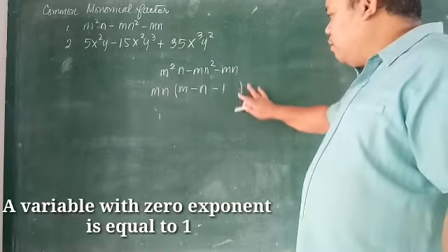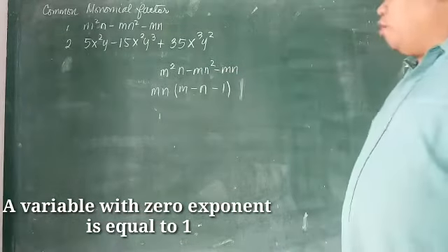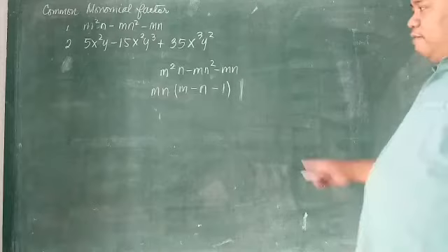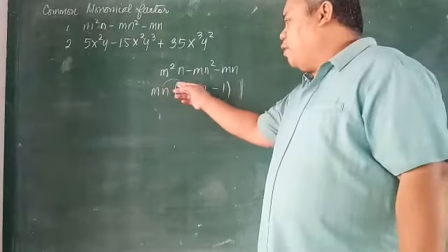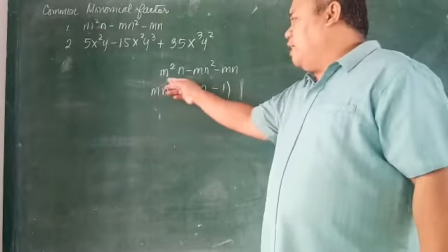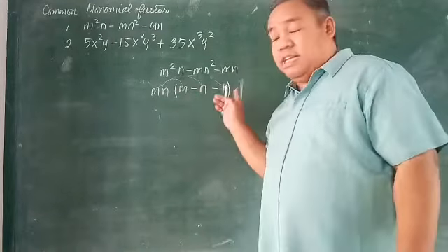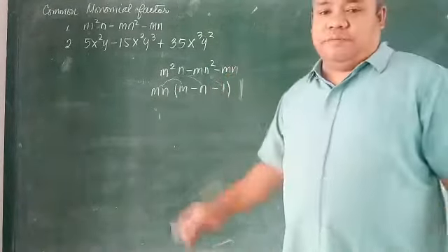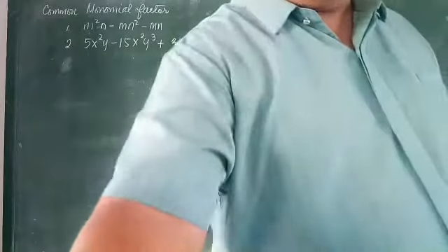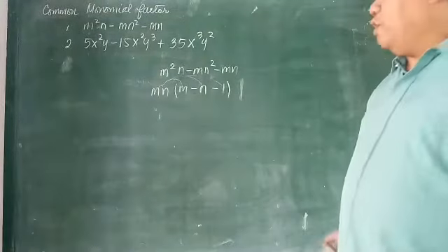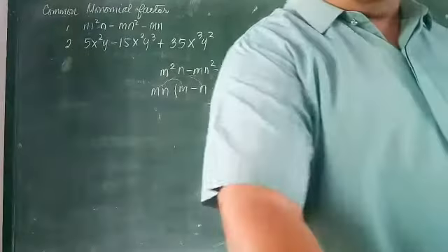So that will be your common monomial factor for this expression, because if you multiply distributively, you will arrive at the same expression. Okay? So let's go now to expression number 2.